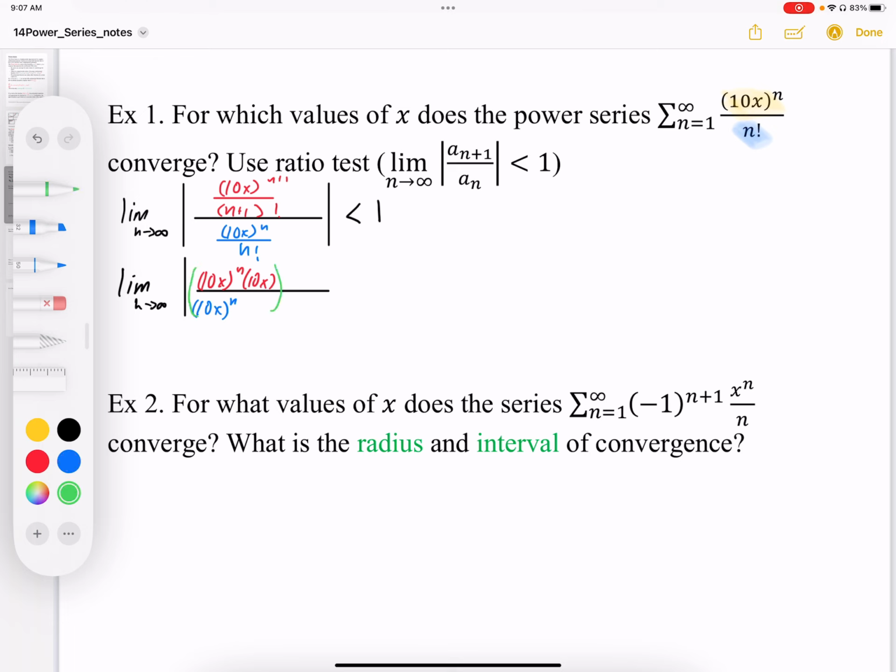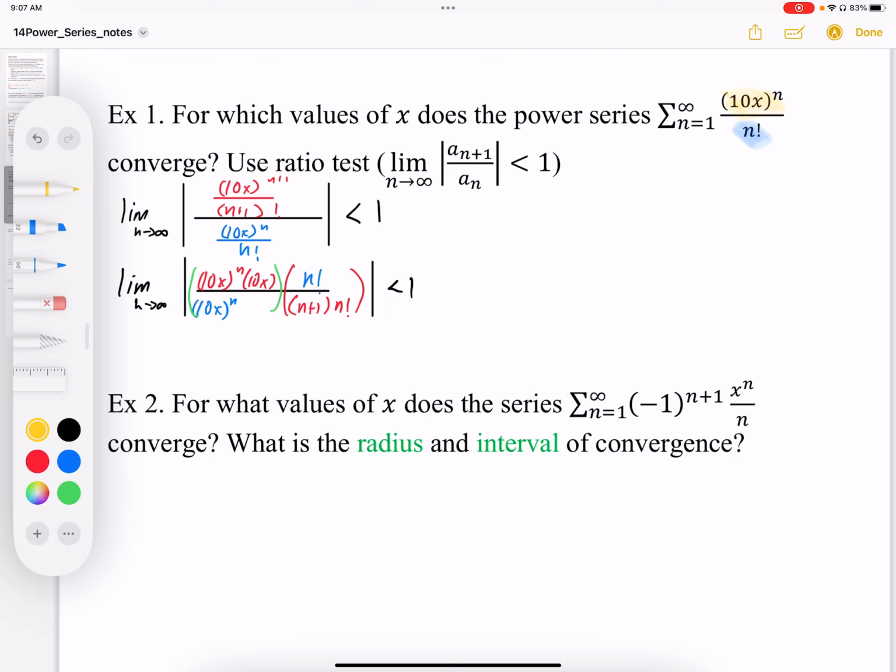That's going to represent the x part of this ratio test. For the n factorial part, we're going to have n factorial over n plus 1 factorial. So n plus 1 factorial, I'm going to rewrite as n plus 1 times n factorial. I'm going to group that together. I'll do that in red. And that all must be less than 1.